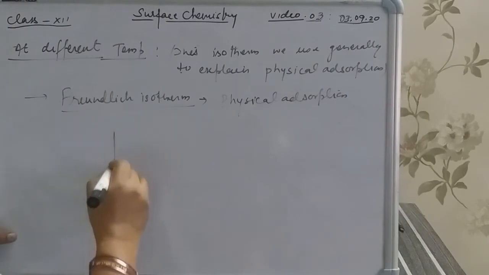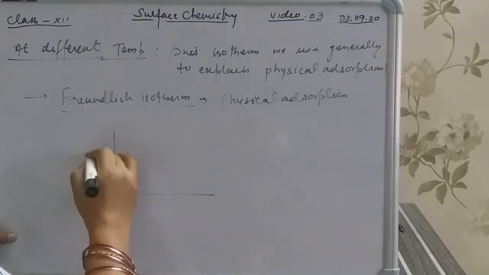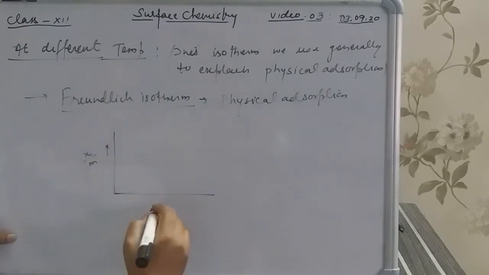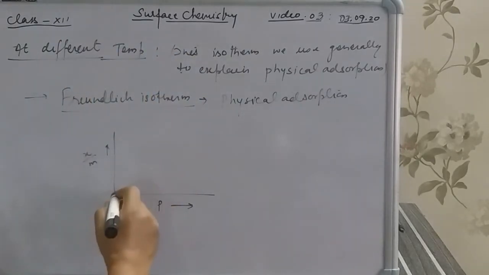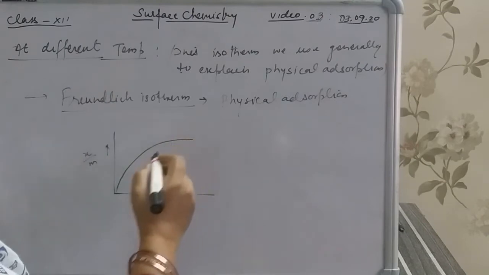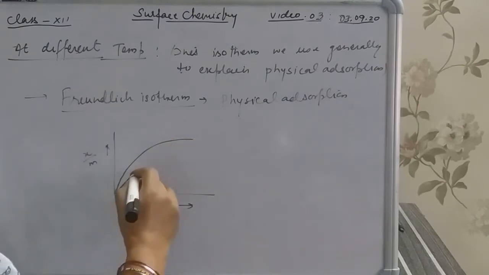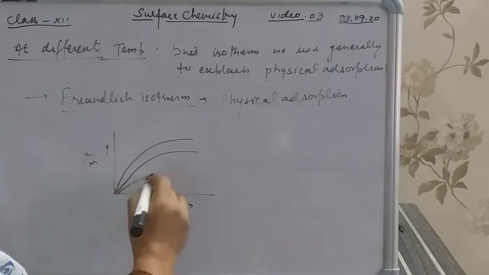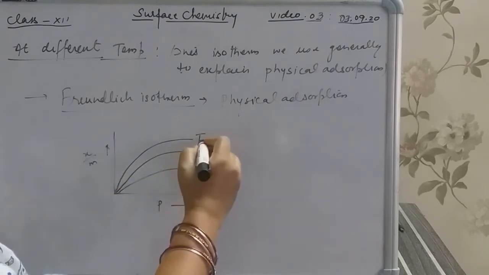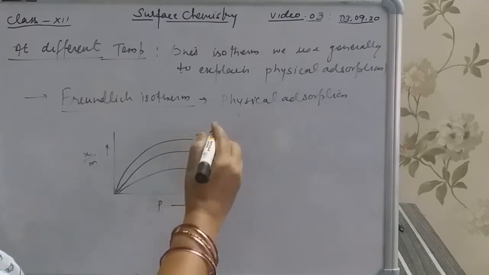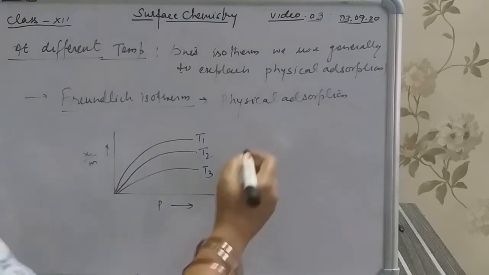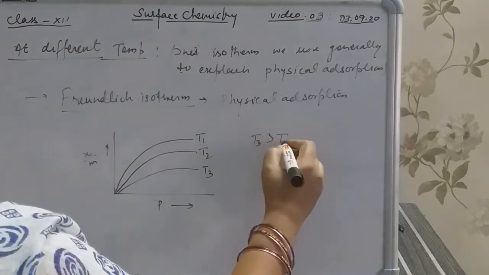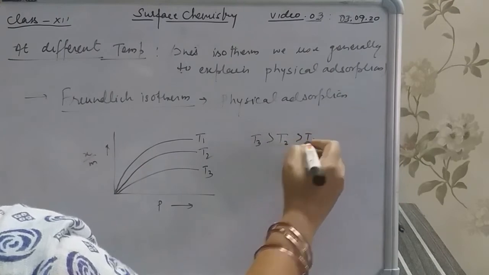So the graph is plotted between x by m and pressure at constant temperature, at different temperatures 1, 2 and 3. Suppose these are T1, T2 and T3. So T3 is greater than T2 and T2 is greater than T1.